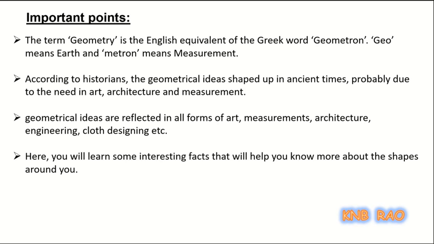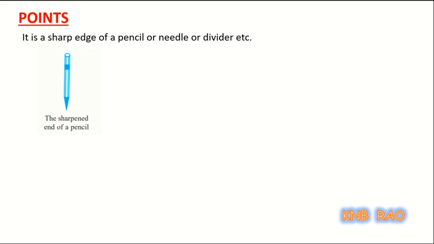Now coming to the first terminology, point, or the plural form points. Now let us see what is point. It is a sharp edge of a pencil or a needle or a divider, like such things. You could see here a pencil containing a sharp edge with which you can mark.